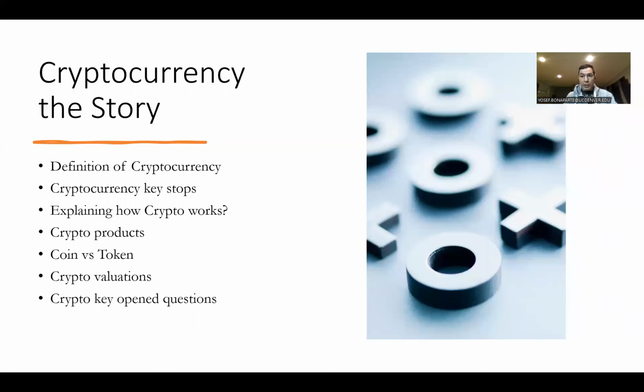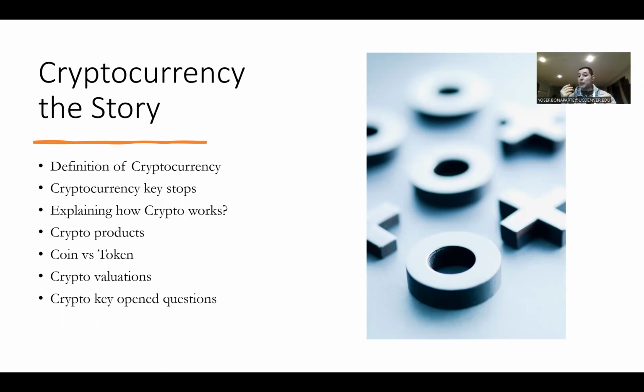Well, the outline of this week's lecture is the definition of cryptocurrency. What is cryptocurrency? Key steps, explaining how cryptocurrency works versus, for example, Facebook or Instagram or TikTok. What are the crypto products, coin versus token? What are the differences? And the most important thing is how to evaluate a crypto.